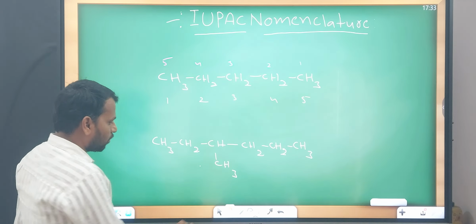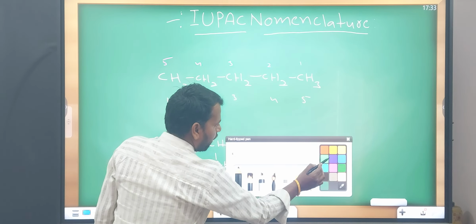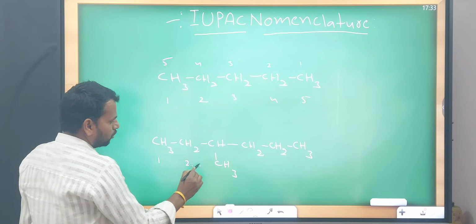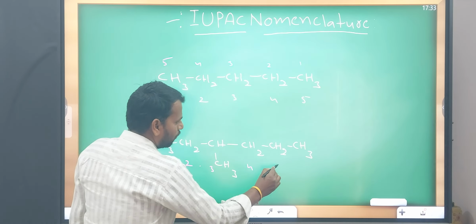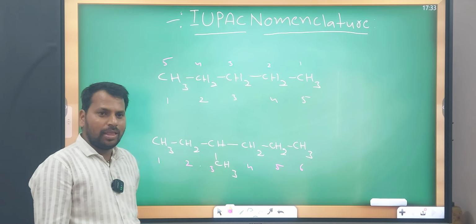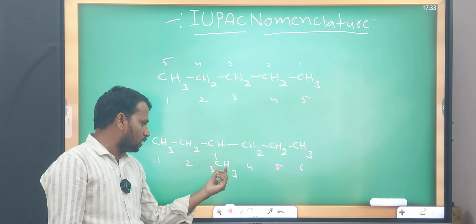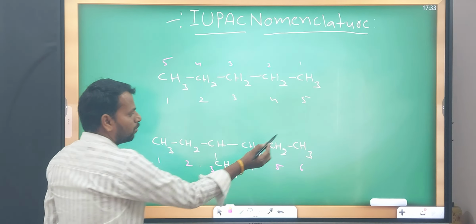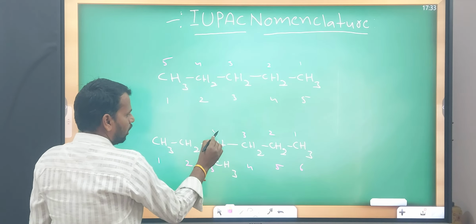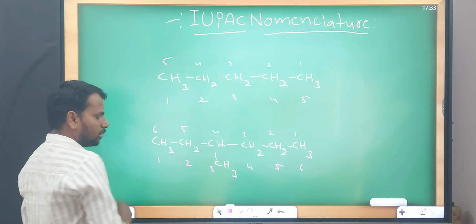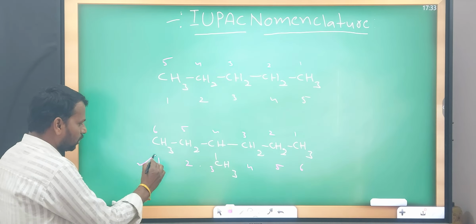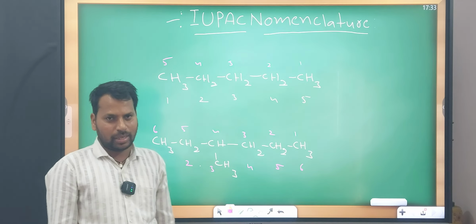When we number from left to right, 1, 2, 3, 4, 5, 6, the number for the CH3 group is 3. From right to left, 1, 2, 3, 4, 5, 6.